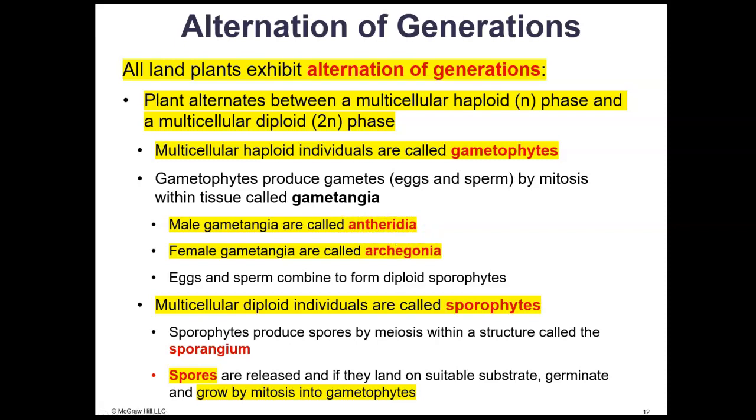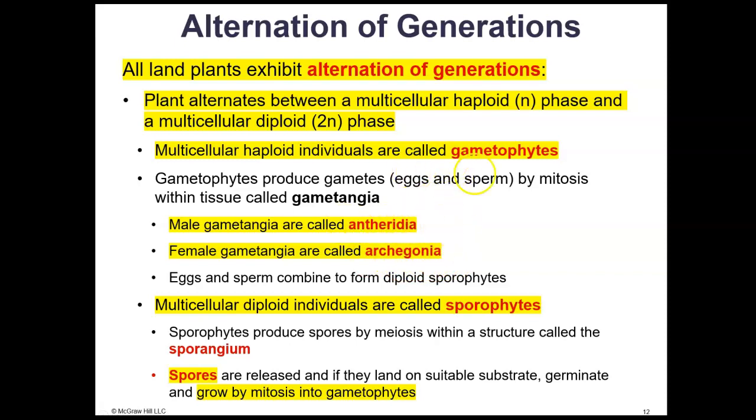The female structure in flowering plants has terminology more closely related to animal terminology: the ovary and the ovule. But on a plant, the female gametangia is called the archegonia. So archegonia produce the eggs, and the antheridia produce the sperm.